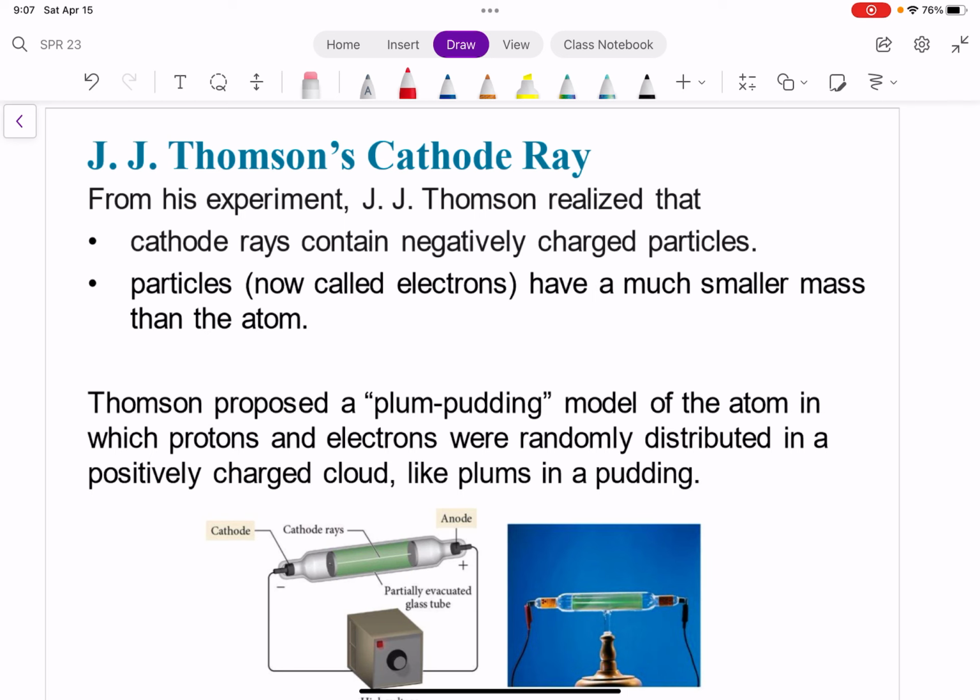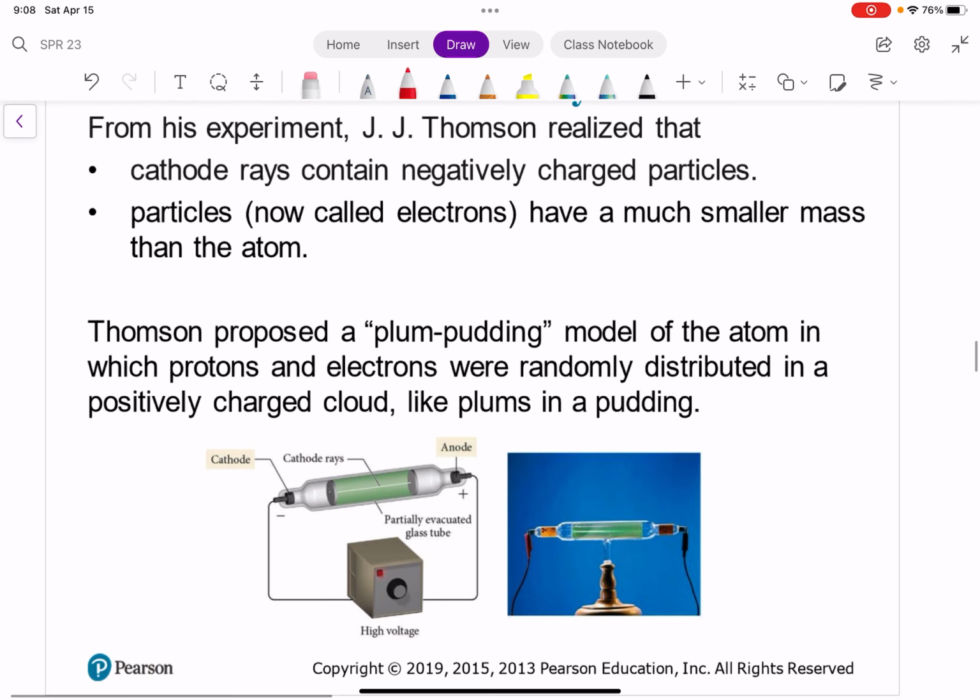What he did was he shot these particles in this cathode ray tube, as it's called, which is a glass tube. He had two charged electrodes that the tube was connected to. So he had a positive side and a negative side. And we call the positive side the anode and the negative side the cathode.